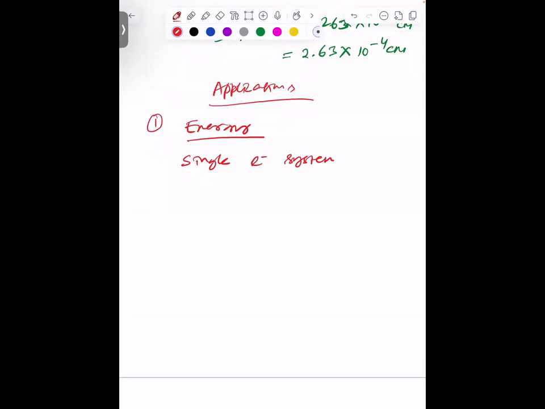Remember, for a single electron system, potential energy is negative twice the kinetic energy, and total energy is potential energy plus kinetic energy, that is, minus kinetic energy.